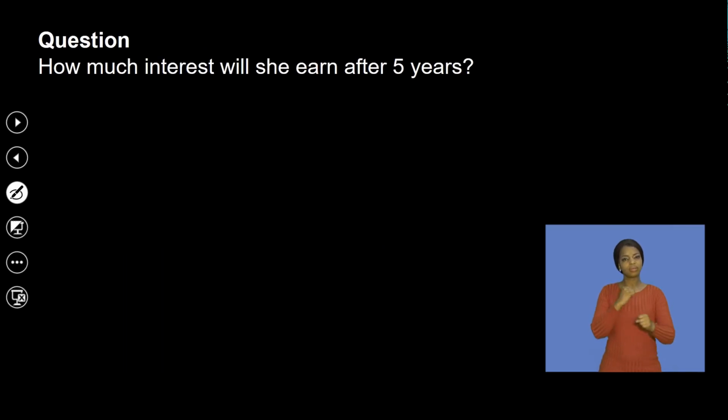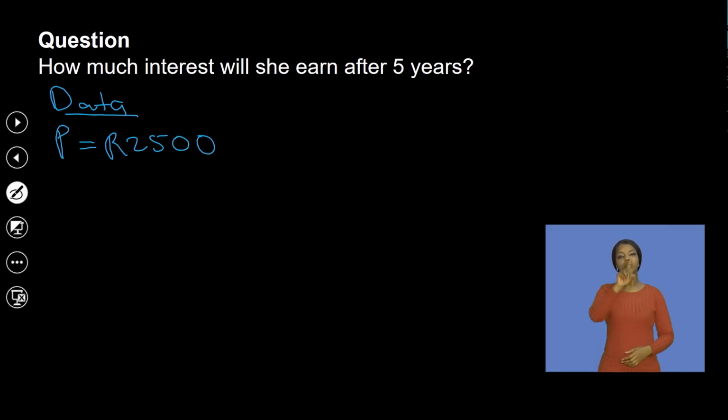So I'm going to quickly write down the data we are dealing with. Our principal amount here was 2,500 rands, our interest is 12% simple interest, and the duration is 5 years.